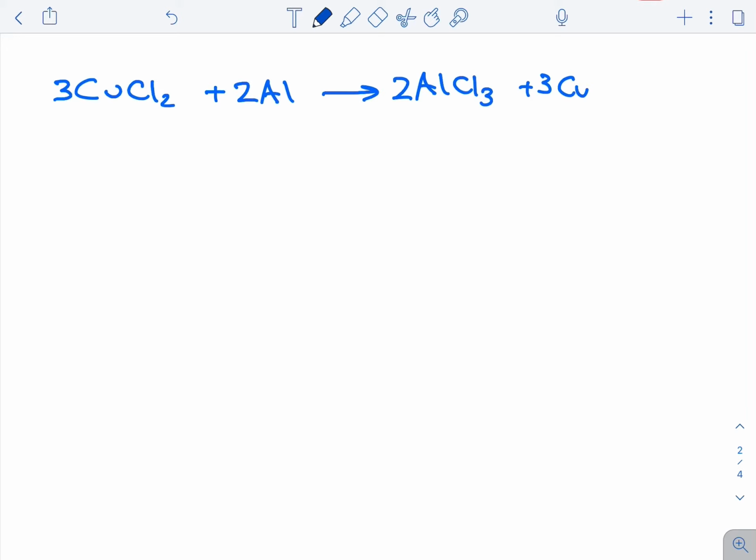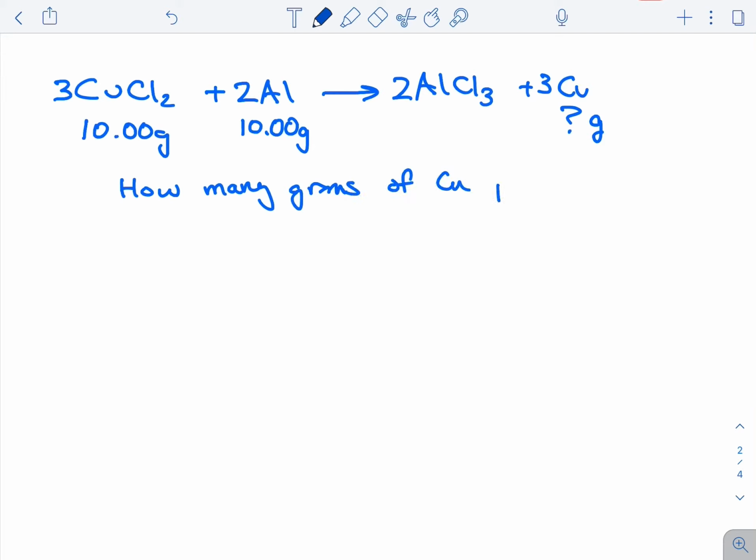And let's say we have 10 grams of the copper chloride and we have 10 grams of the aluminum. And the question is, how many grams of copper actually get created? That's the first question. So how many grams of copper are actually produced?